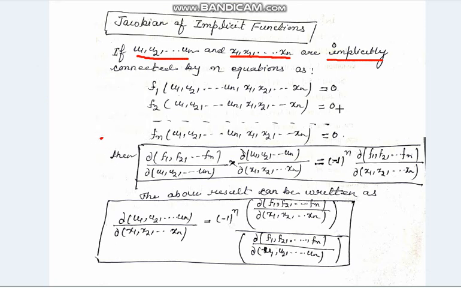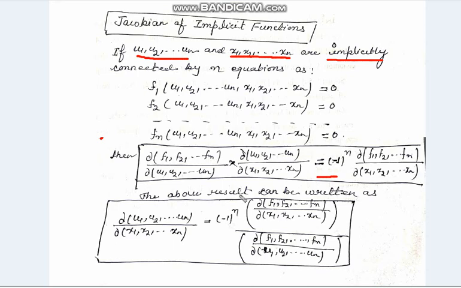So in that case, if we have given n equations which are implicitly connected, then the Jacobian of f1, f2 up to fn with respect to u1, u2 up to un, into the Jacobian of u1, u2 up to un with respect to x1, x2 up to xn, is calculated by this formula, and its value is equal to minus 1 to the power n, if n equations are given, and Jacobian of f1, f2 up to fn with respect to x1, x2 up to xn.